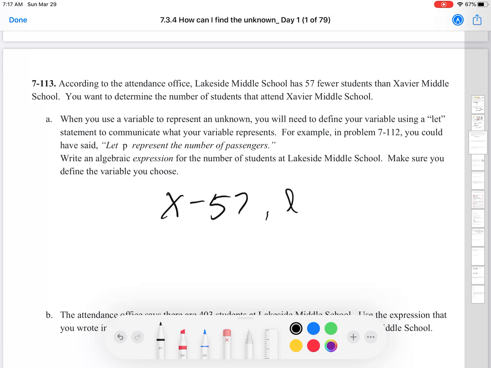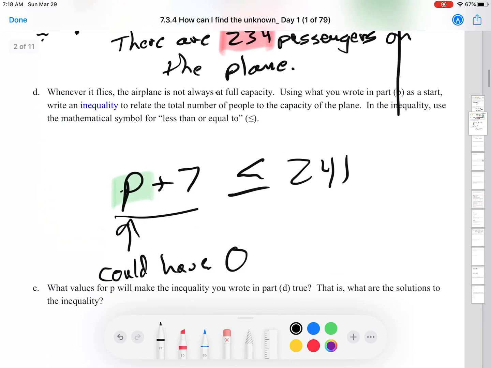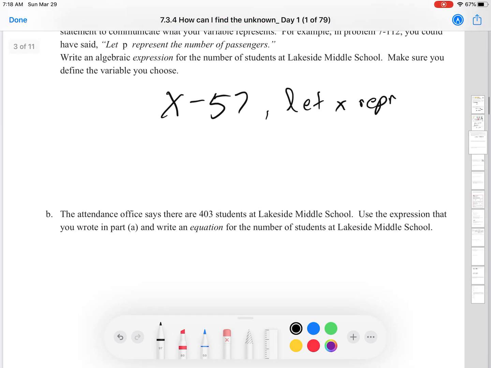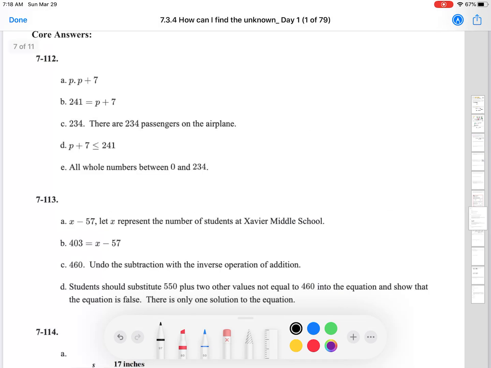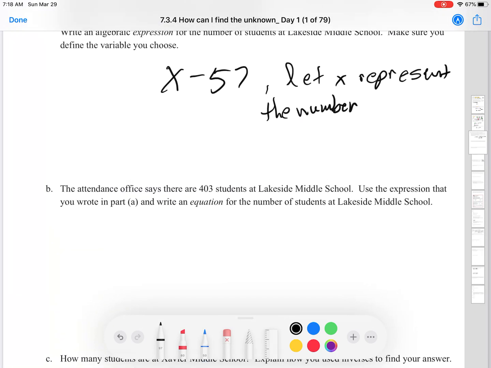So what we'll do is we'll just say let x represent the number of students at Xavier Middle School. I do not like that view on the far right side.